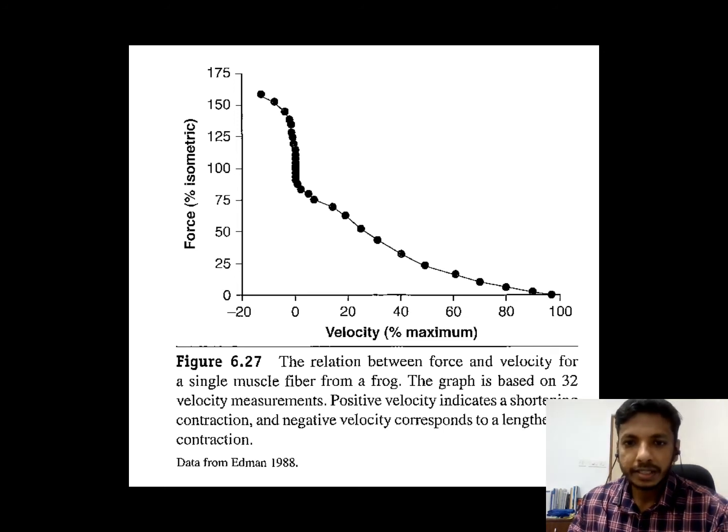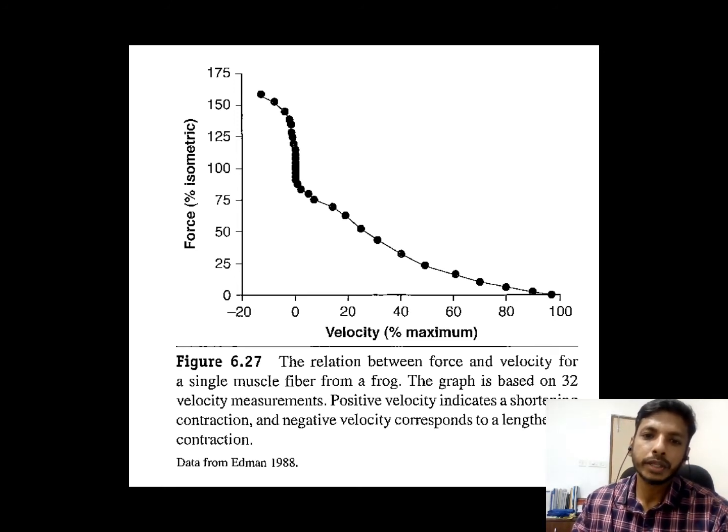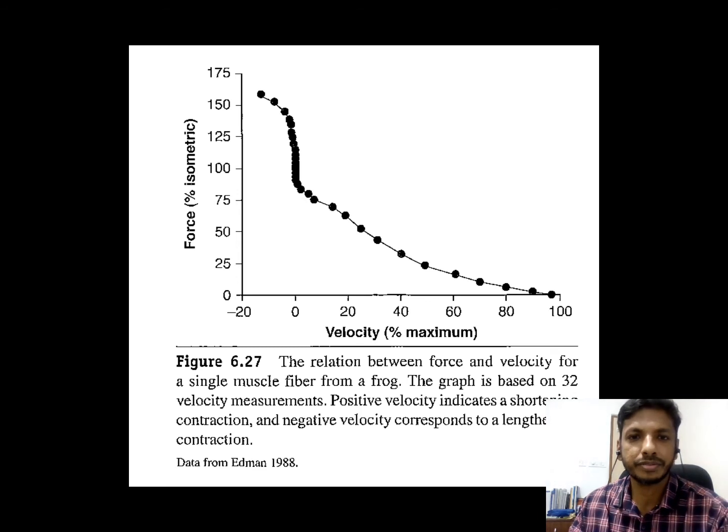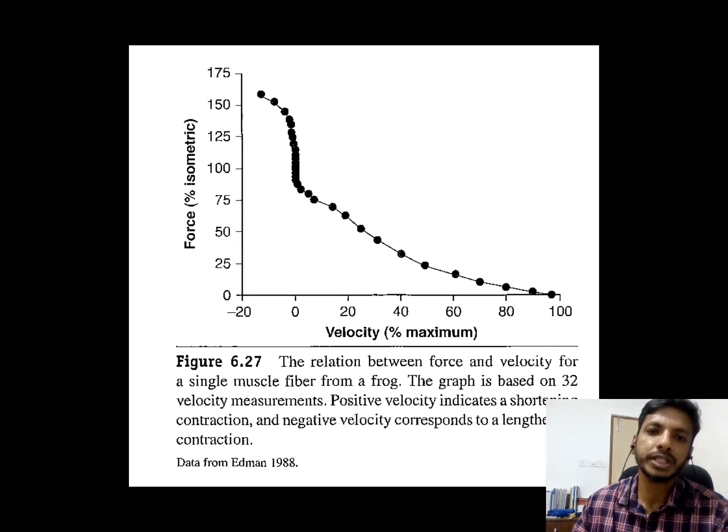The decrease in force production during shortening contraction is probably because, as the velocity increases during shortening contraction, the ability of the binding sites between the actin and the myosin decreases, so force production decreases. The increase in force during the eccentric contraction is probably because of the excessive release of calcium, which increases the force production.